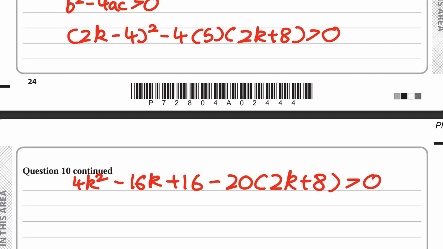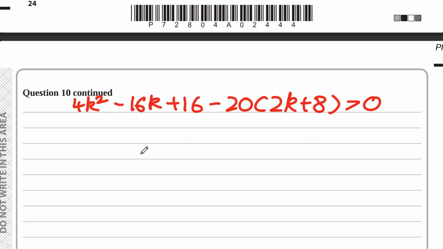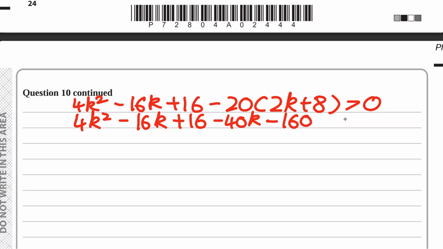and this is going to be bigger than 0, and then we're going to expand this further, so it's going to be 4k squared minus 16k plus 16, and then it's going to be minus 20 times 2k, which is going to be minus 40k, and then minus 20 times 8 is going to be minus 160, and this is bigger than 0.